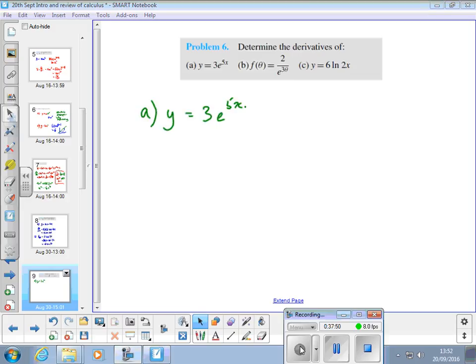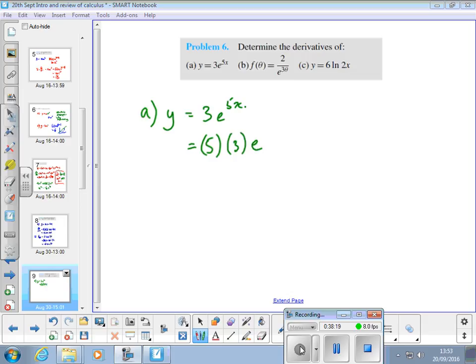Alright guys, how do we do this one? Y equals 3e to the 5x. Five what? 5 comes down, does it? Keep the 3.